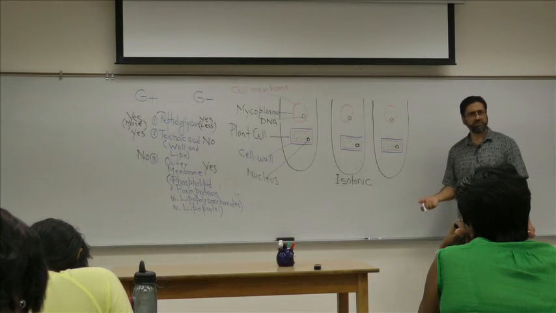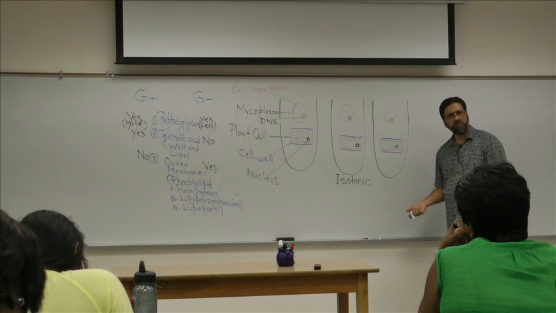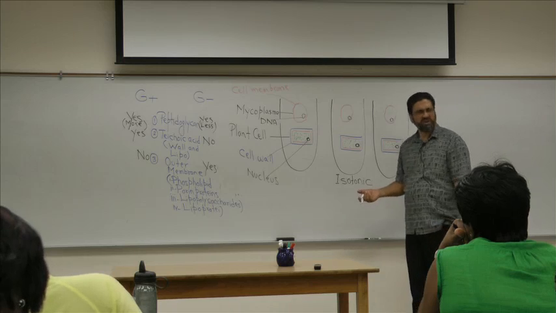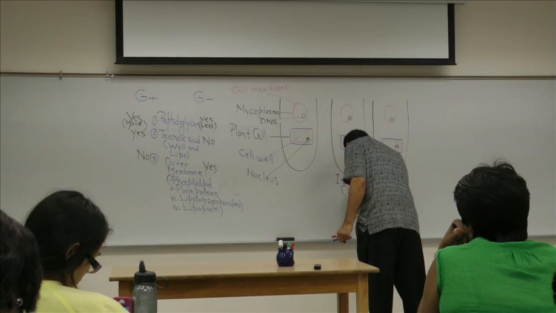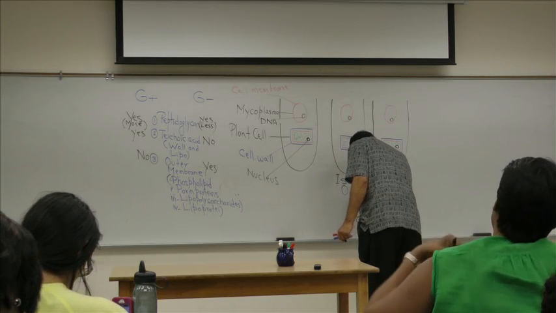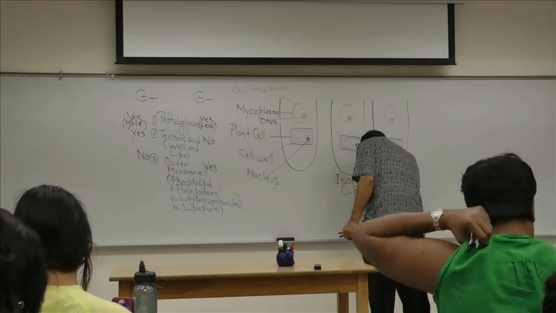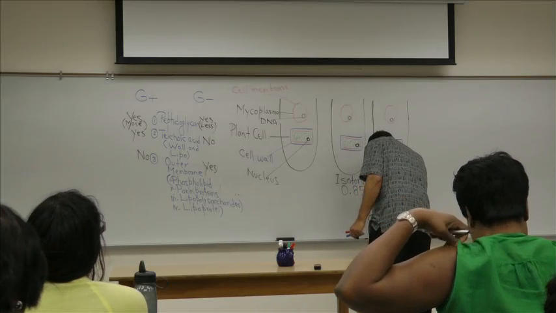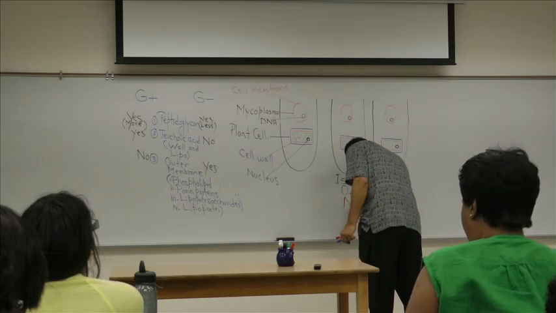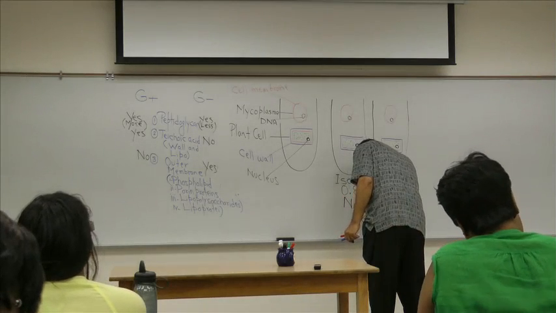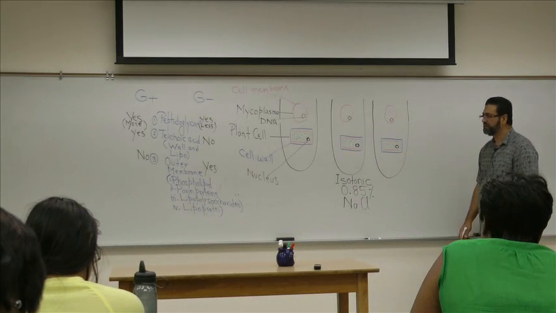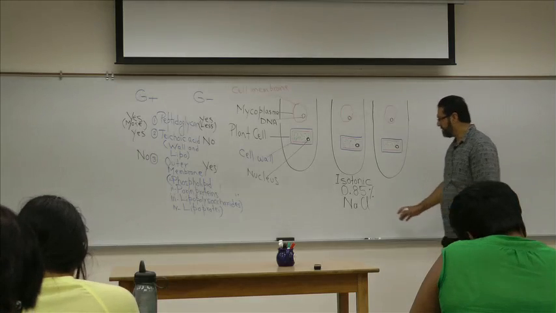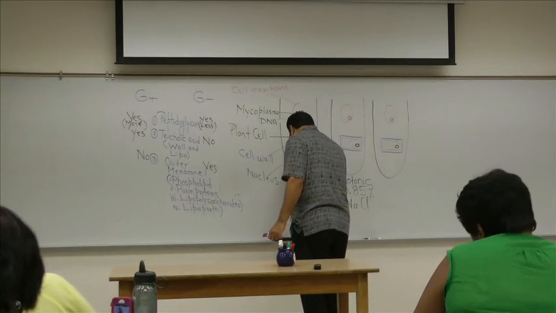How much salt should there be? 0.85 or 0.9%. 0.85% sodium chloride. That is isotonic.